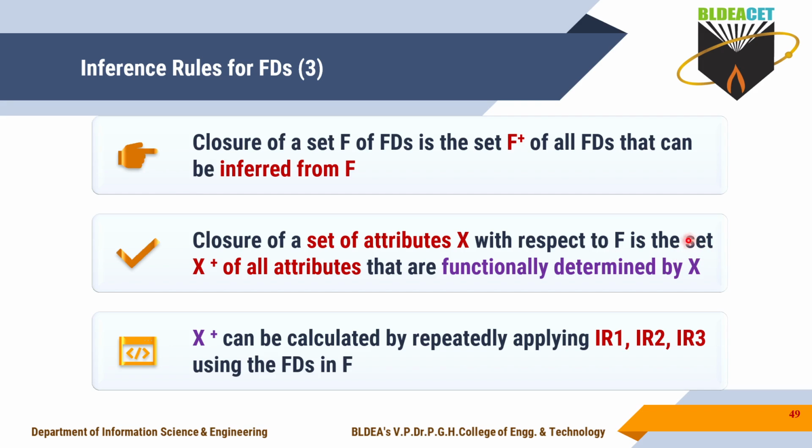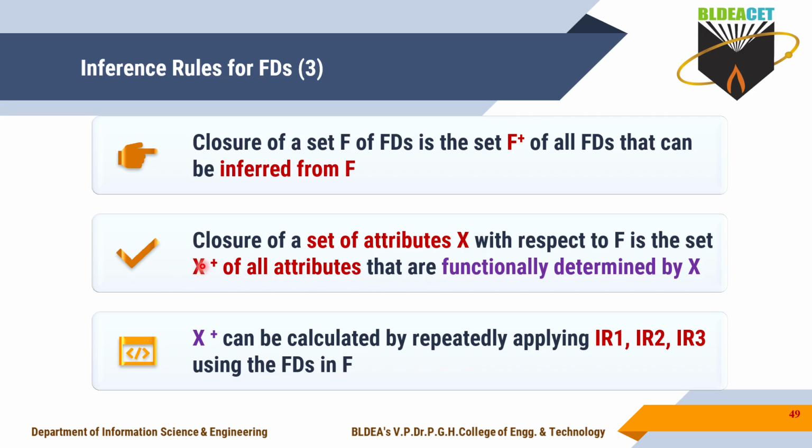All those new attributes that you derive, that is what we call X plus: the closure of X is the set of all attributes that are functionally determined by X. X is one set of attributes, and it is available in your given functional dependencies F. After using inference rules, if you get new attributes for the given functional dependencies and combine them with the given attributes, that is what we call the closure set of attributes.